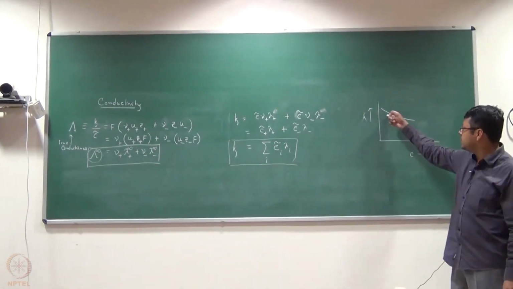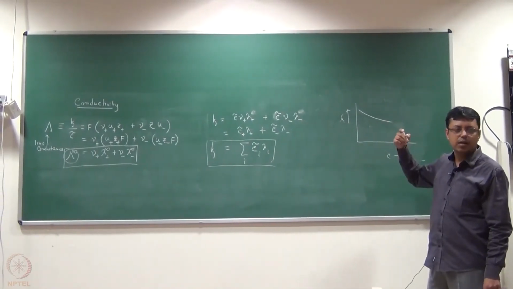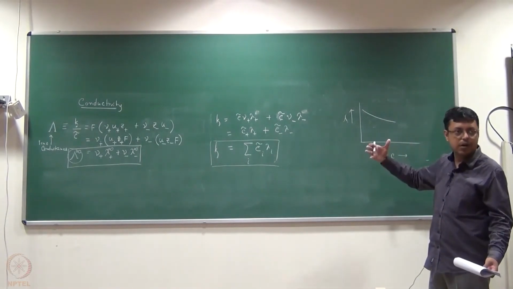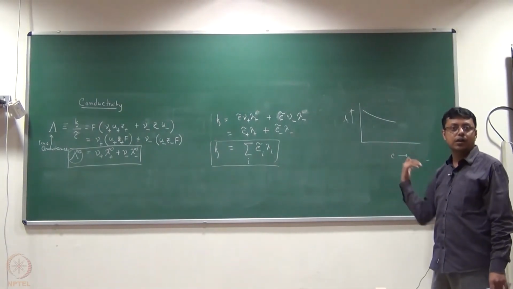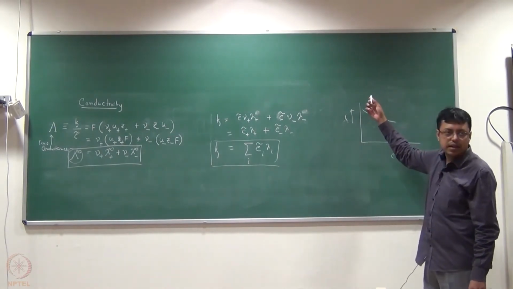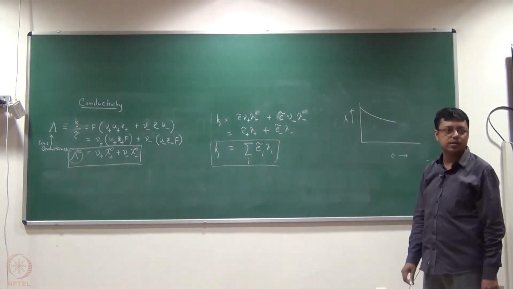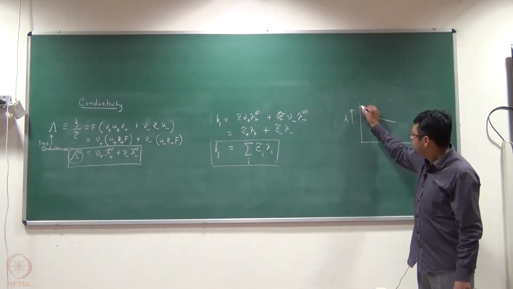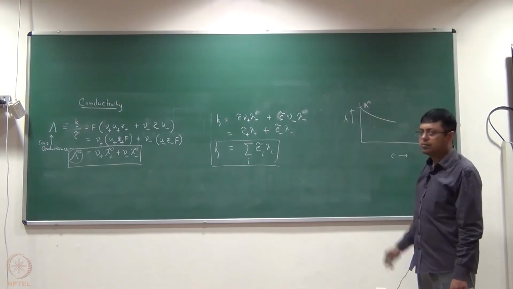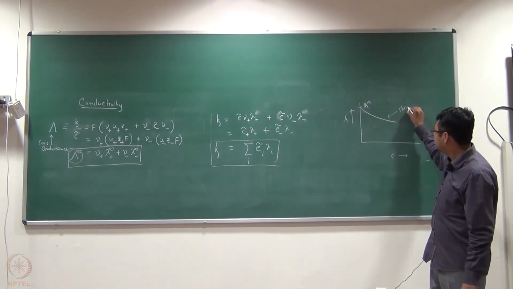You can see that this decreases with concentration, because as I'm increasing the concentration there are more counter ions, which are slowing down the mobility. So of course you cannot actually get an infinite dilution. You always try to fit with a nonlinear equation and extrapolate it to get the lambda infinity value. This is a typical thing for strong electrolytes.